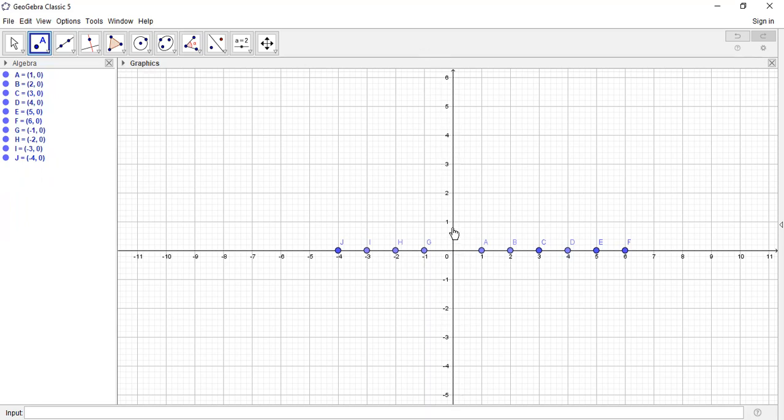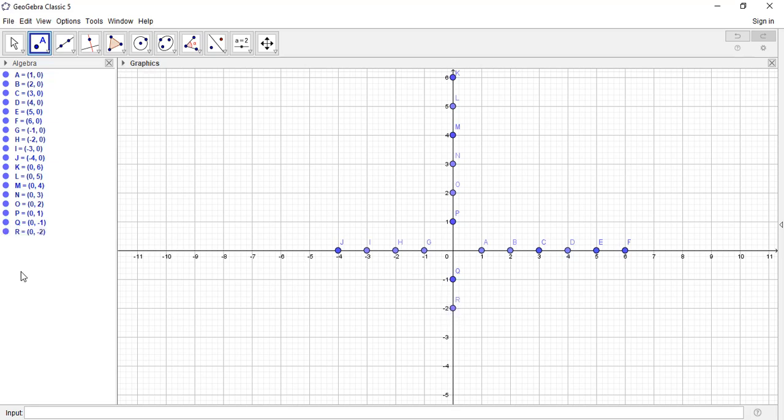Y-axis, okay, let's plot here one coordinate. At this point if you plot there 0 comma 6, okay. And here if you plot here 0 comma 5, and if you plot here 0 comma 4, and if you plot here 0 comma 3, if you plot here 0 comma 2, if you plot here 0 comma 1, and if you plot 0 comma minus 1.